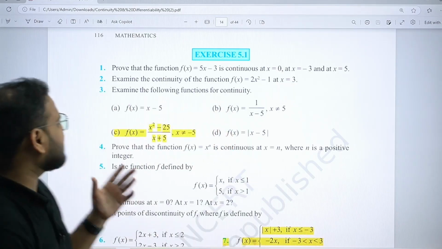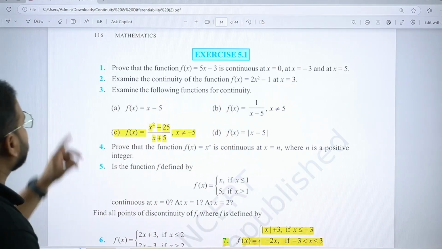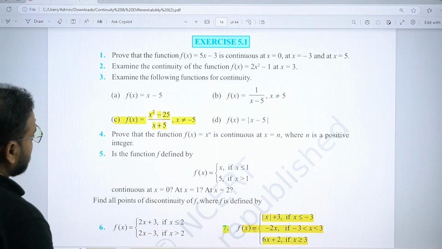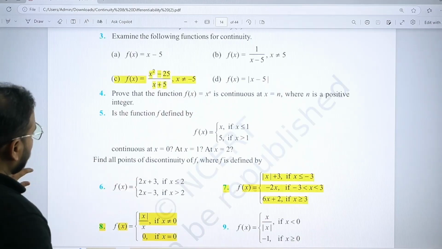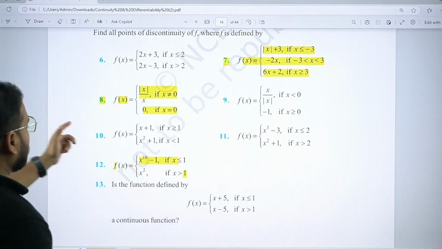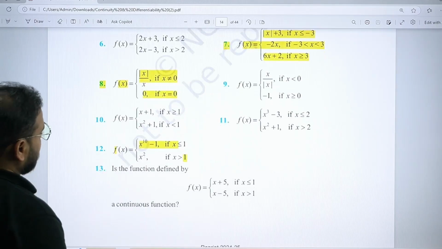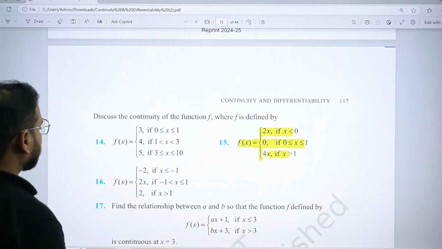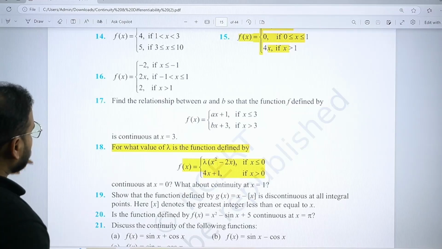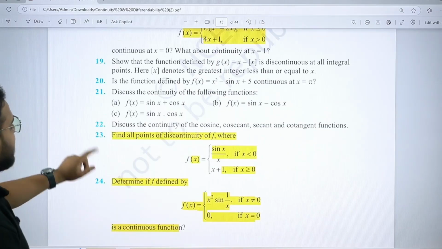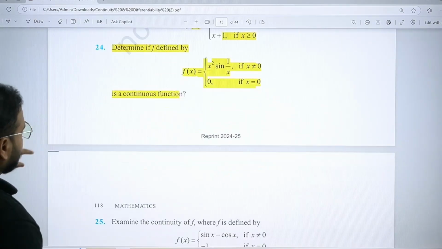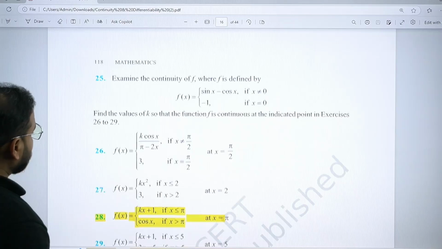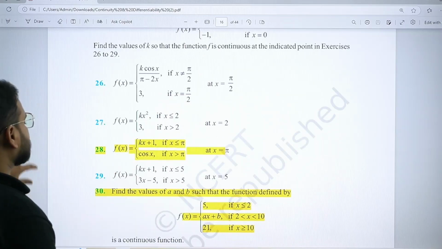So exercise 5.1, I have marked questions over here as well. 3 options, sub question C. You have question number 7, question number 8, question number 12, and I have some more questions over here. Question number 15. Question number 18 also I have here, and question number 23, 24. We have 28 also, 30 is also there.